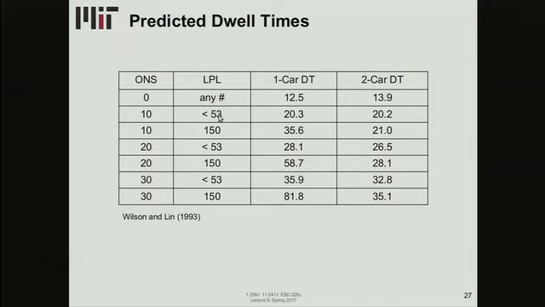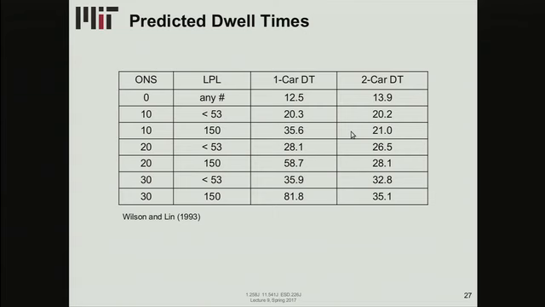So if the load is, say, less than 53, then you don't have the friction factor really controlling anything. So you have 20.3 or 20.2, so a very small effect of friction, and therefore about the same time for both models. If it's very crowded, then you do have a more significant benefit for having a two-car train.